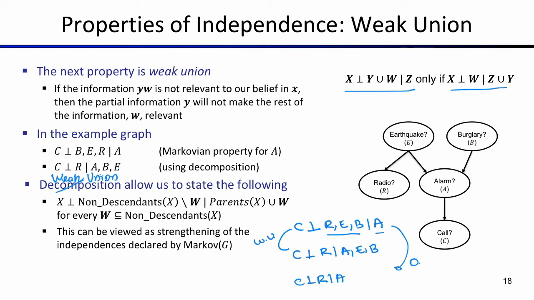It seems to me that the key information here is the parent A that is blocking the influence of the variables. And this is a way of doing the decomposition. We are moving the variables from this side to this side when we know that the key information is the parent for the Bayesian networks. But it's still valid and it's still useful in some situations.